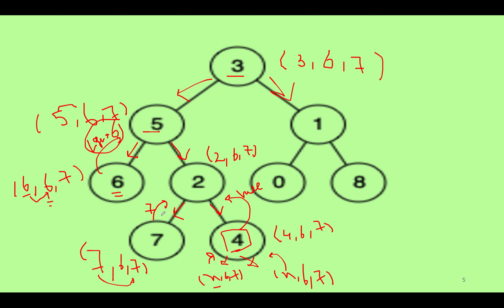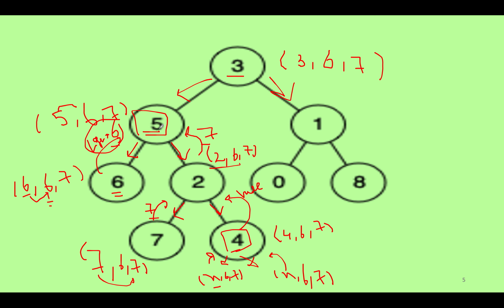You will pick the one which is not null. Left is not null, so this call stack will return 7. This call stack will return 7. So 5 is that node where its right stack is returning 7 and its left stack is returning 6, neither of them being null, and that is a node which turns out to be the lowest common ancestor, because there will be only one such node in the entire tree.